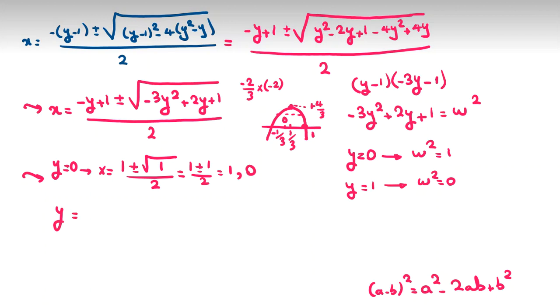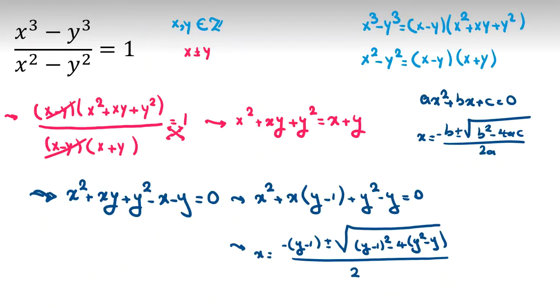If y is 1, then x is negative 1 plus 1, 0, and the square root of negative 3 plus 2 plus 1, all over 2, which is 0. Our answers (x, y) are: let me write all of them with another color: x equals 1, y equals 0; x equals 0, y equals 0; x equals 0, y equals 1.